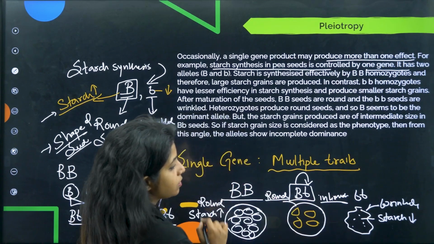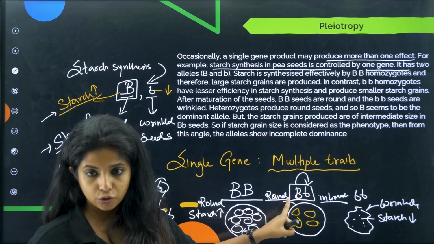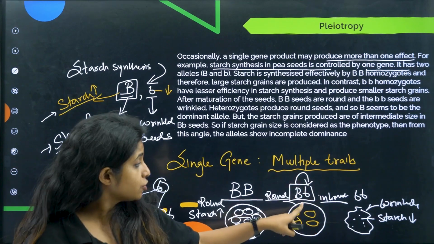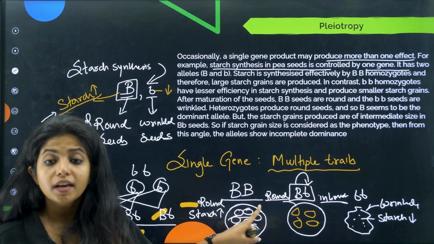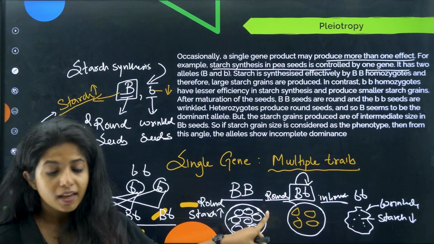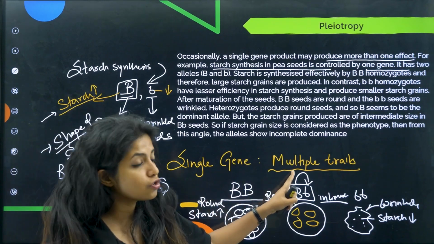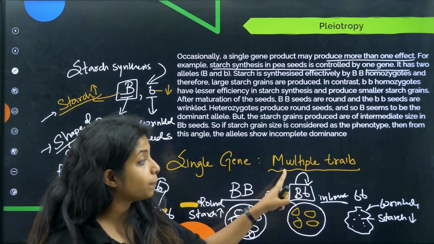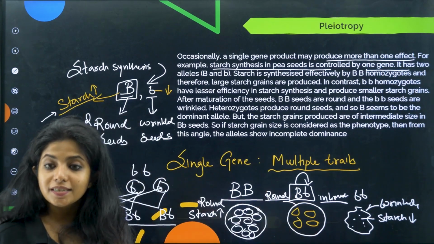So if B was completely dominant, it should have shown both effects, being round and also producing enough amount of starch, but that is not happening. It is producing very little amount of starch in comparison to that.